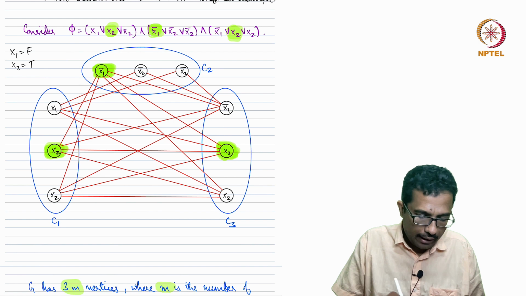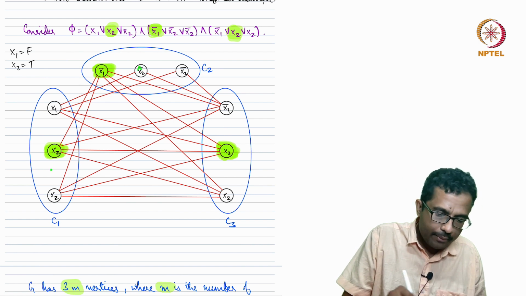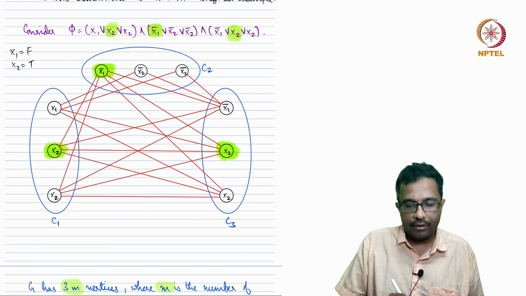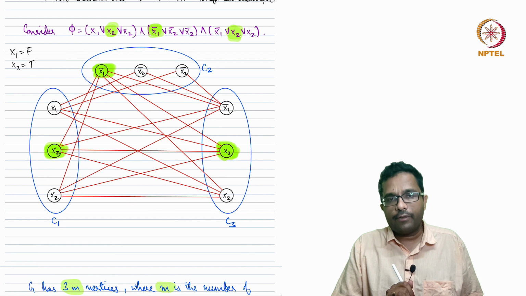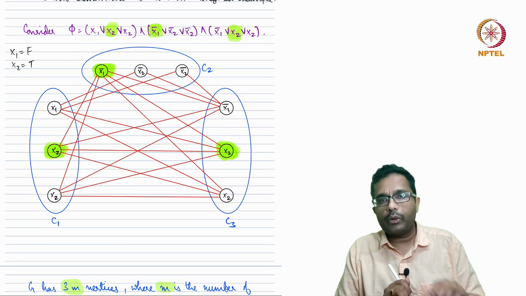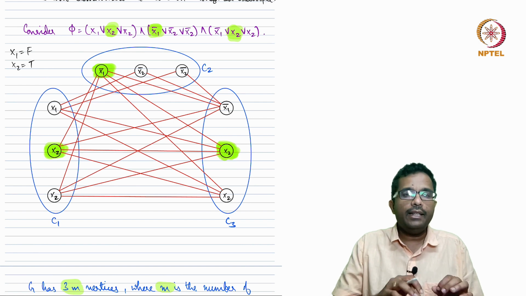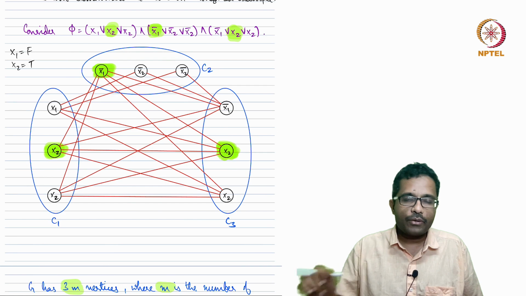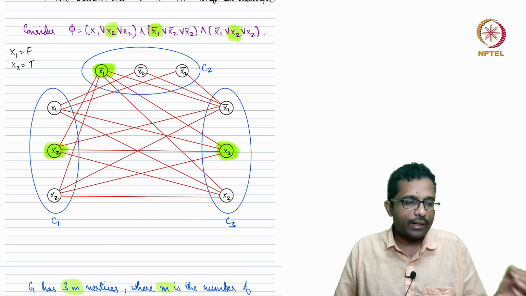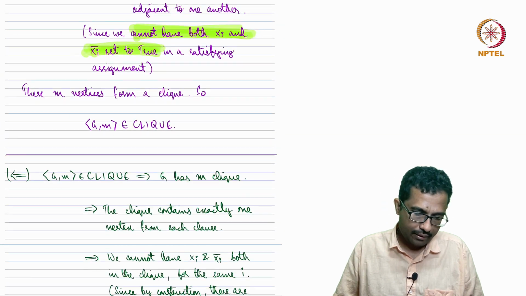So if this graph has a 3 clique, then it has to be one vertex from each of these 3 groups, right? Because inside I am not putting internal edges, so we cannot have 2 from one group, so it has to be distributed 1, 1, 1. So G has an m clique means that each vertex in the clique comes from a distinct group, which means each group contributes exactly one vertex, right?